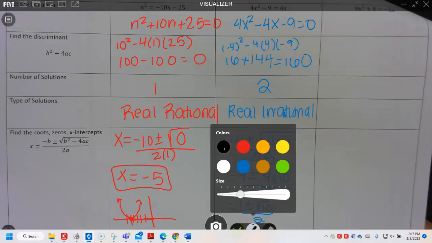Last one. Is it in standard form? Is it set equal to 0? So that's the first step.